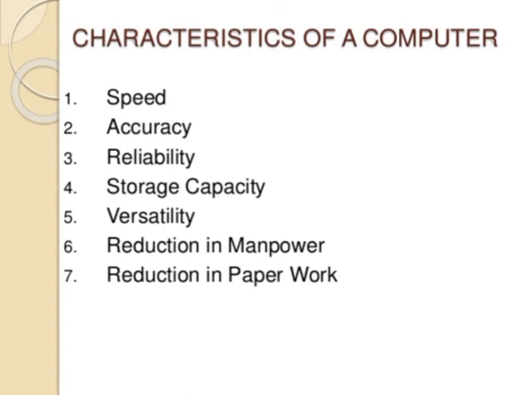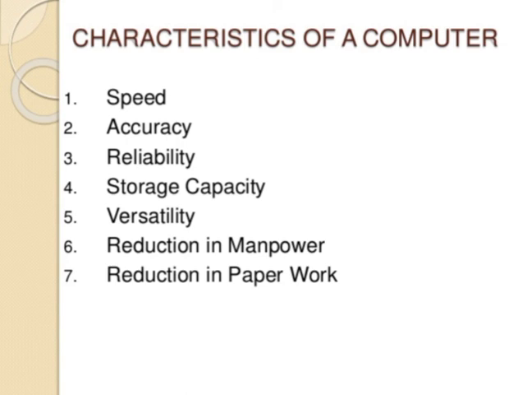Third is reliability. You can trust the computer until the electricity is provided to it, to give you a proper and accurate output. The next is storage capacity. You can increase the capacity of a computer to store your data as much as you can.